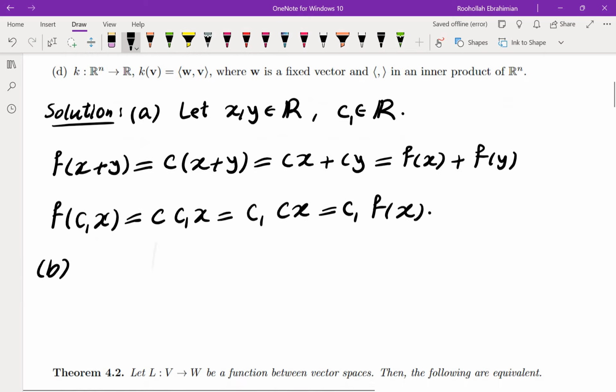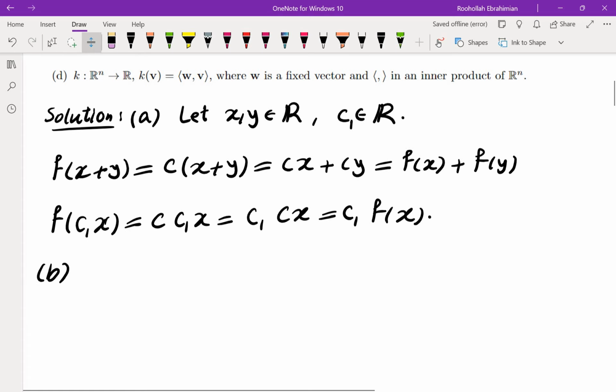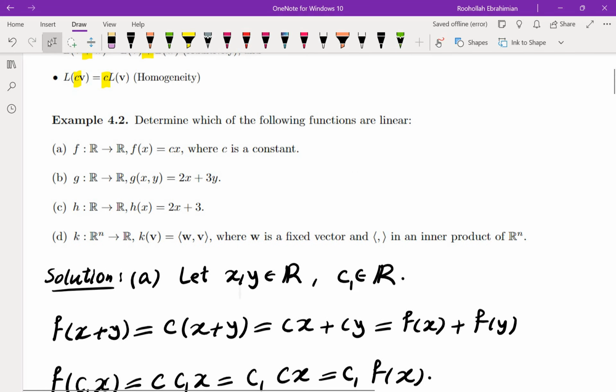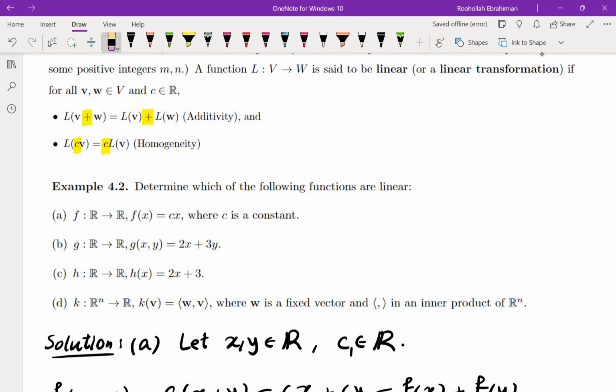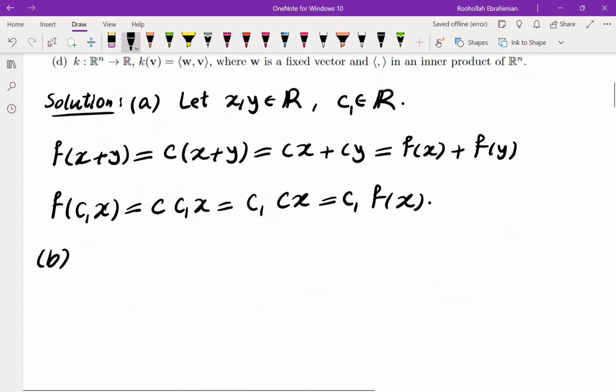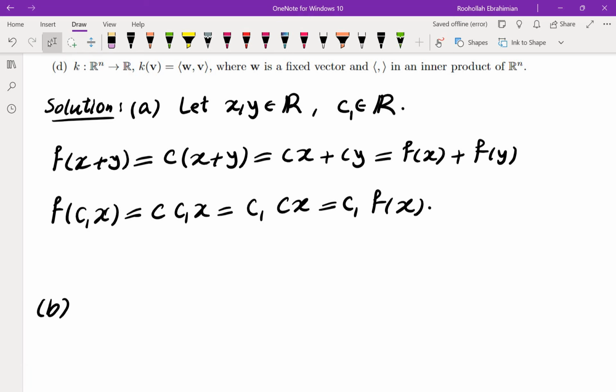So that's the first one. That means it satisfies both additivity and homogeneity, so by definition, f is linear.